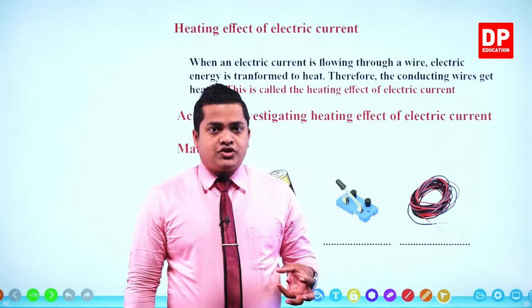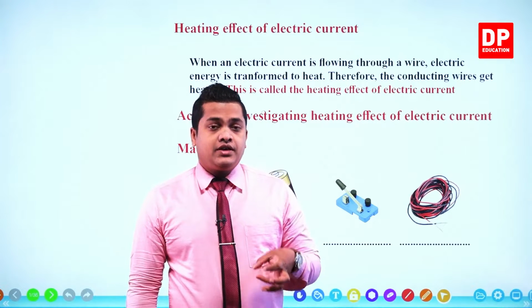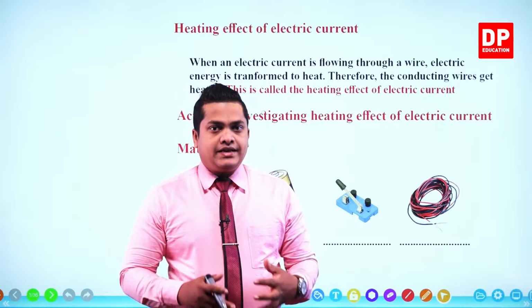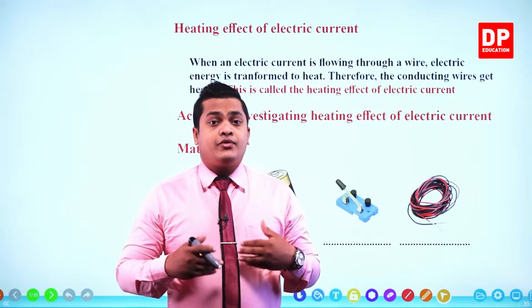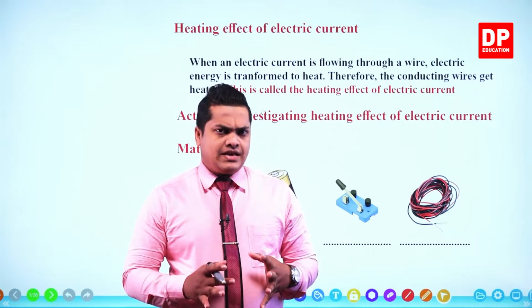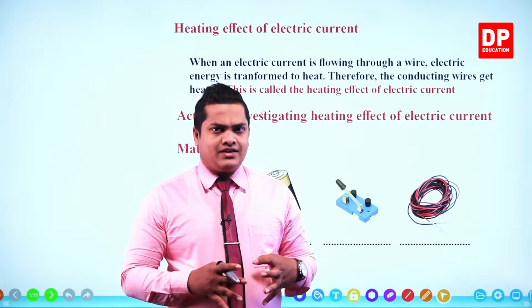That's the primary energy conversion that occurs within a filament bulb. Then light is emitted as a secondary, right? It's a secondary energy conversion. The main energy conversion is the heat energy.